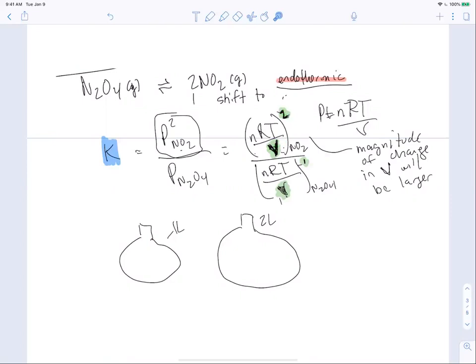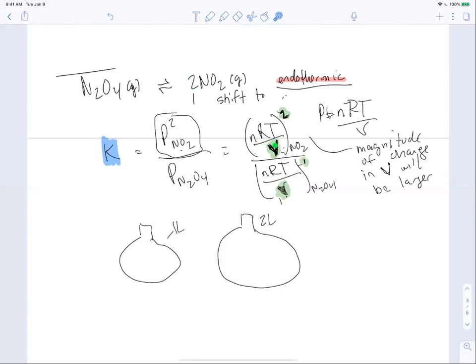So you're taking the number of moles that you have in the NO2, which is the product here and has the excess of moles, and dividing it by the square of the volume. So its concentration goes down more.